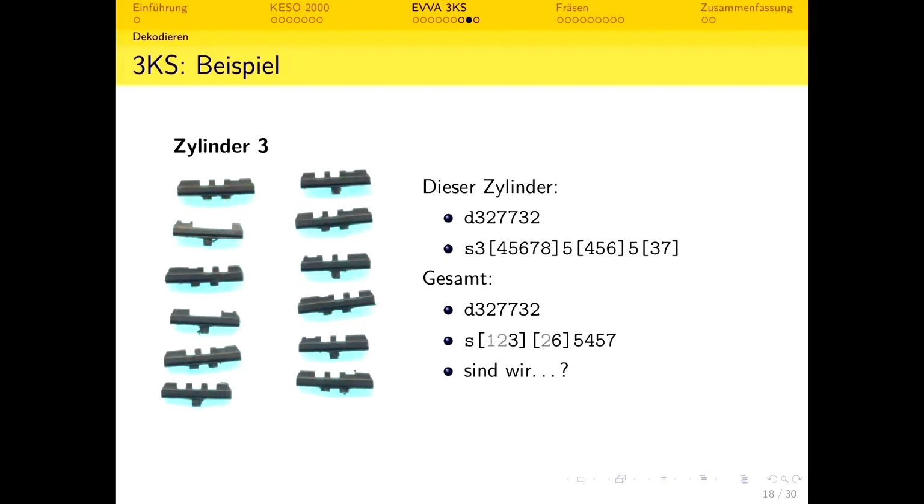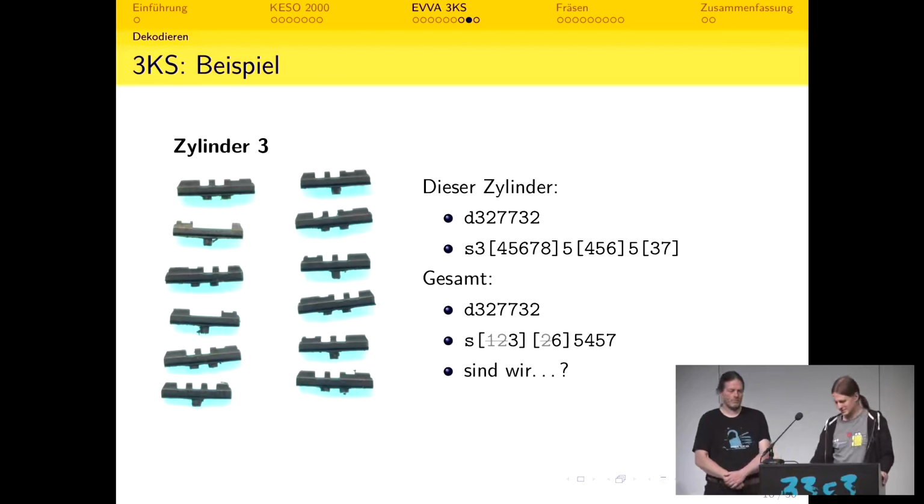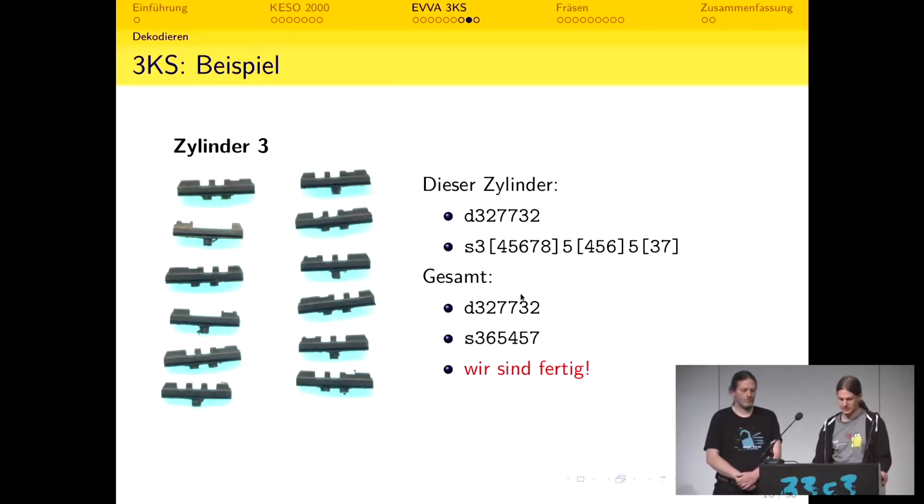And we do the same thing again with a third cylinder, and we're in luck because the intersection of 3 cylinders is already enough to derive the master key. The last remaining uncertainties have already been excluded. So we're done. We have the master locking code that you can see on this slide.